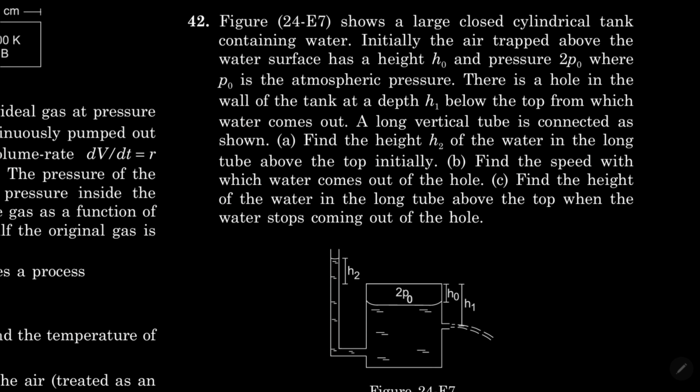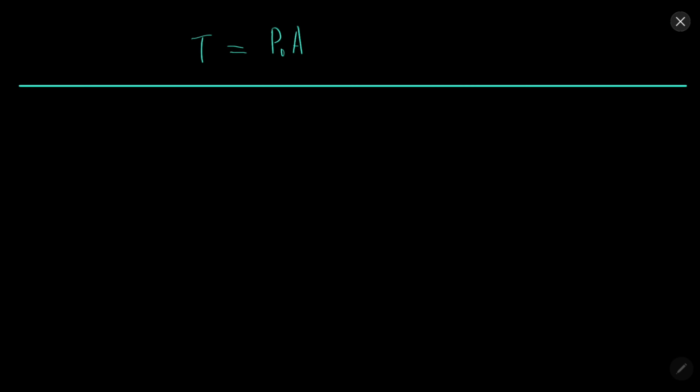In question 42 we have been given this figure. We need to find the height h2, also the speed with which water comes out, and the height of the water in the long tube. Solution 42.